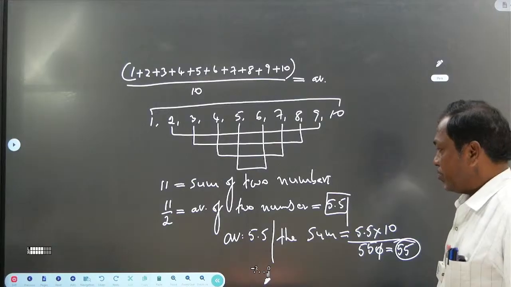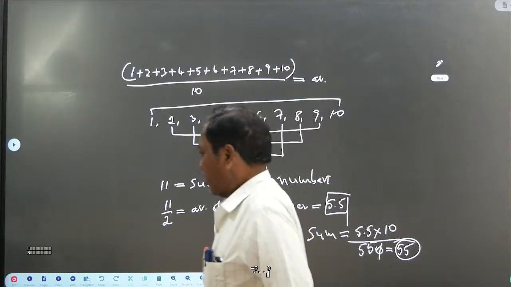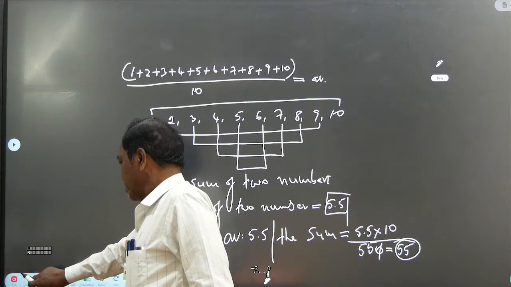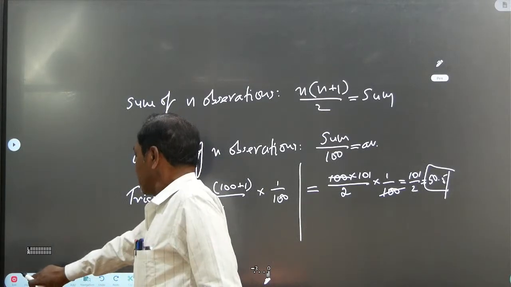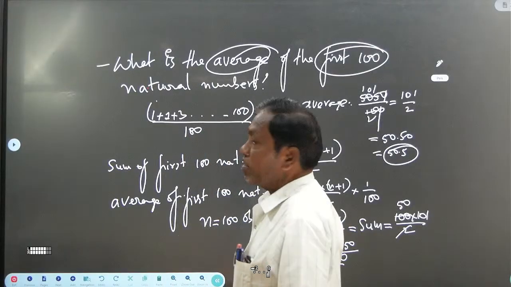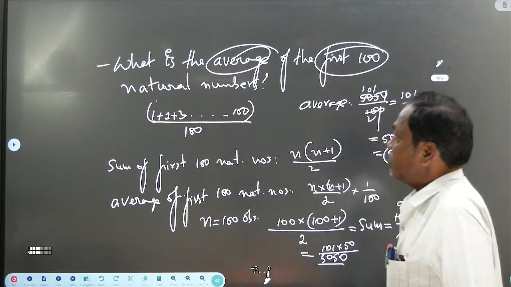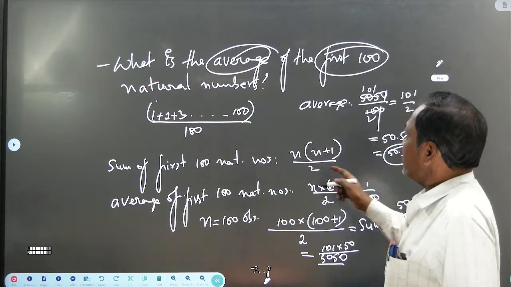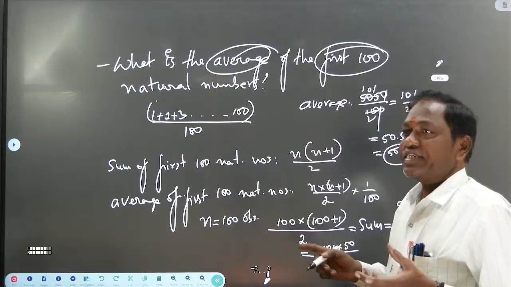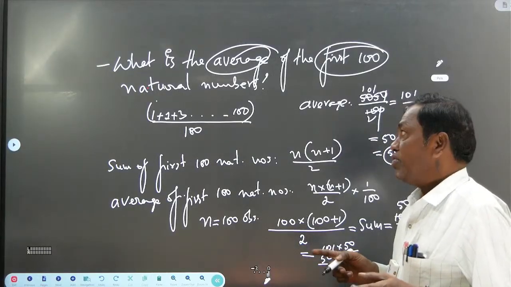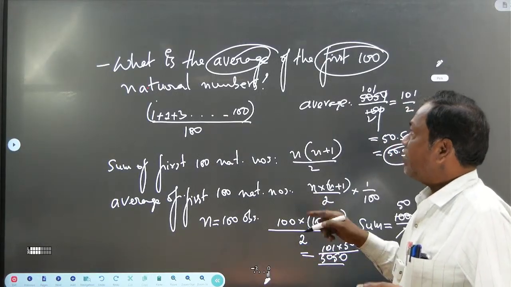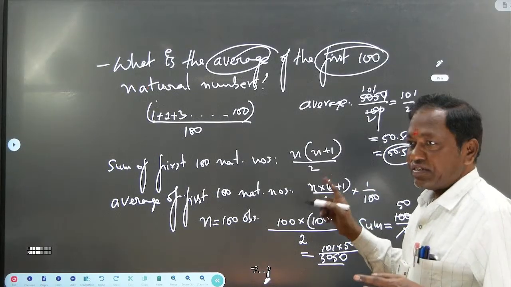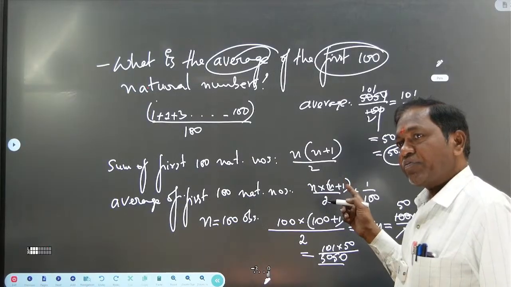Now let us come back to what we are discussing, 100. If you take 1, 2, 3 up to 100, the average means: you can take any pair, the sum of the first number from the beginning and the first number from the last.